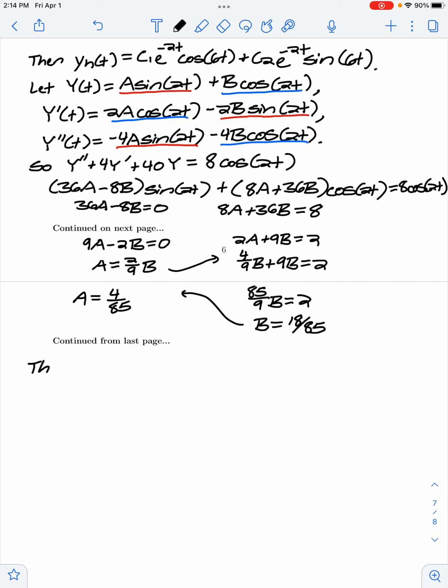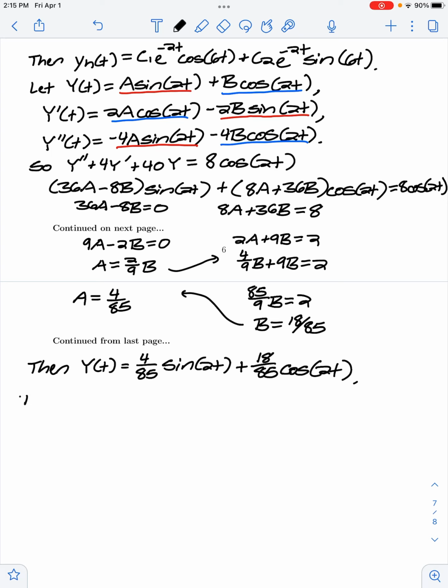So we find that our particular solution, capital Y, is given by 4 over 85 sine of 2t plus b, which was 18 over 85 cosine of 2t.